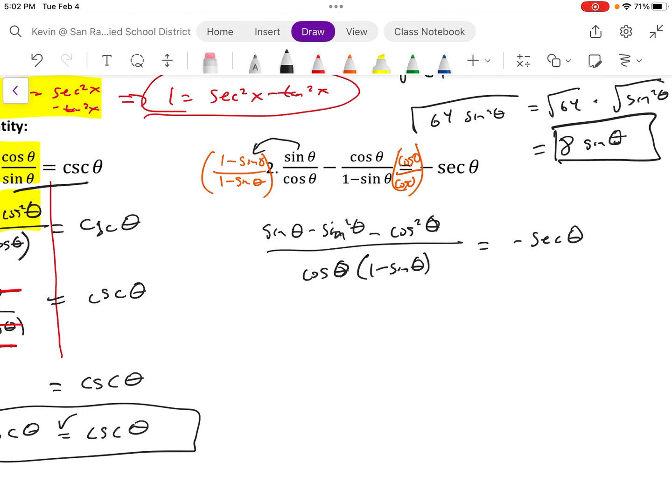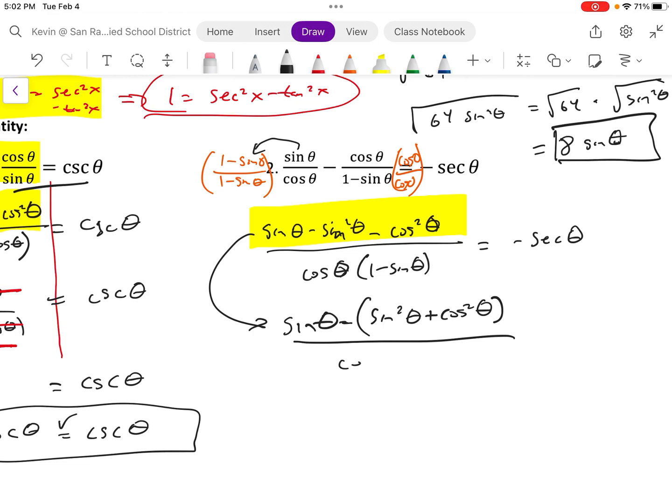Let's think about this a little bit. Some of you will just look at this and kind of know it, but this is basically saying sine theta minus sine squared theta plus cosine squared theta. So I basically just factored out this negative 1.